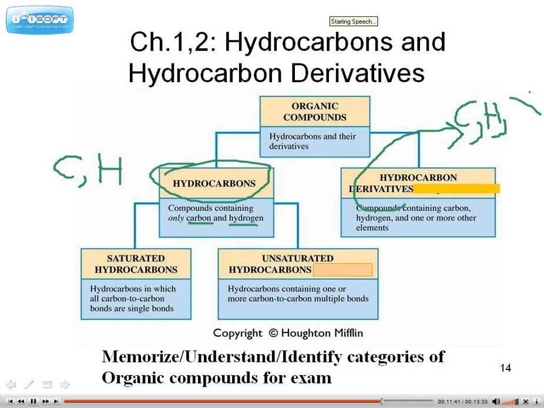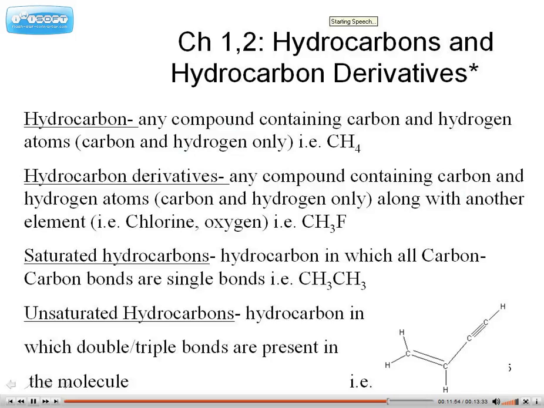I'm just going to call this X. And X will be for any other element. So, focusing on this part right here. Again, a hydrocarbon contains carbon and hydrogen. So methane is an example, CH4, of a hydrocarbon. A hydrocarbon derivative is carbon and hydrogen and any other element. So in this case, fluorine is another element, so methane fluoride.